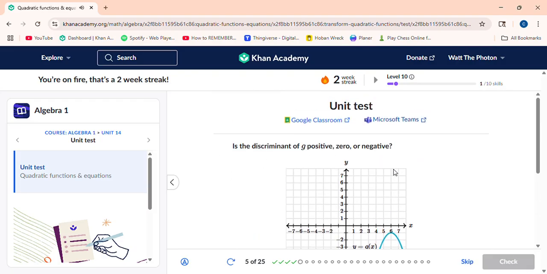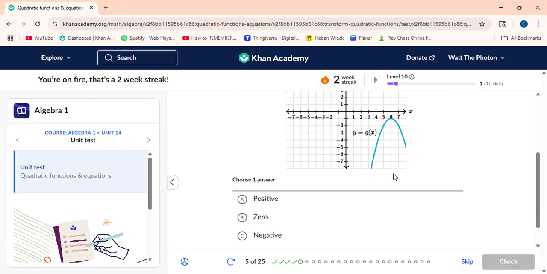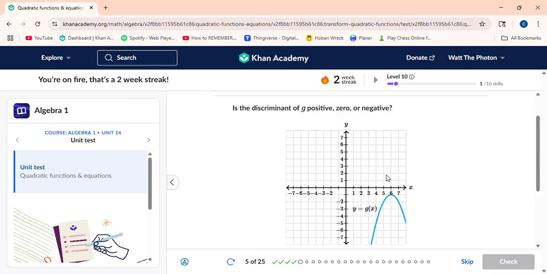Is the discriminant of g positive or negative? What are discriminants?